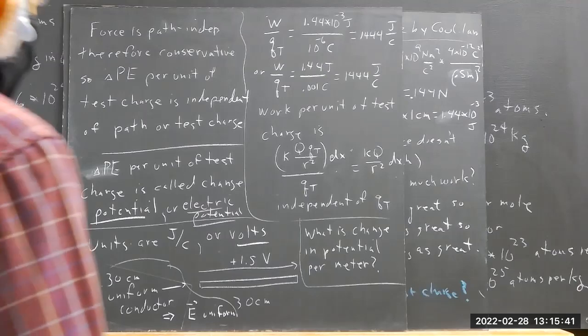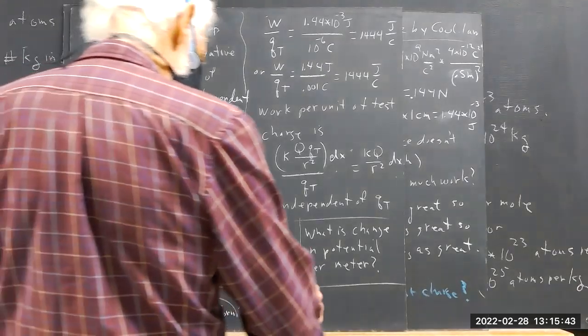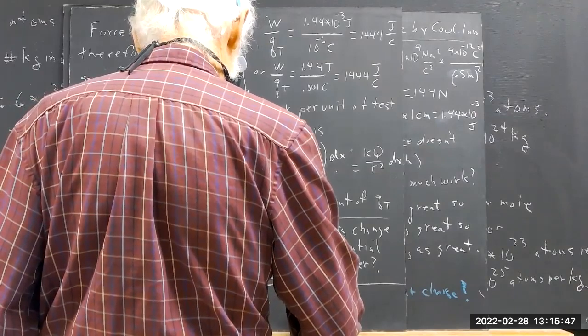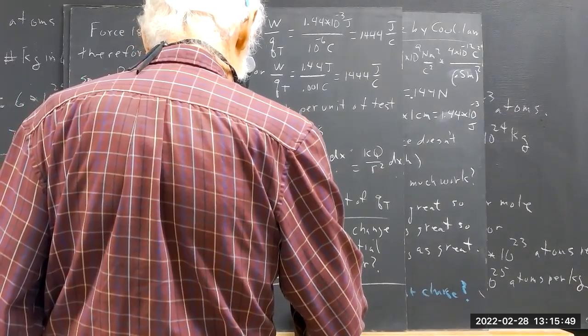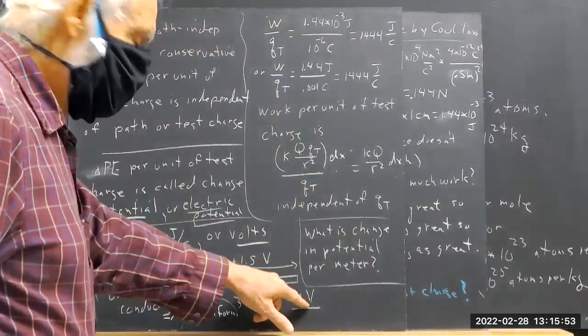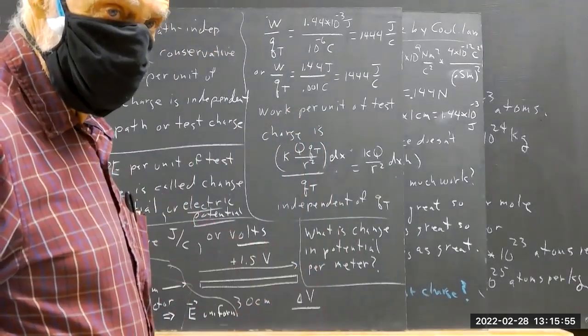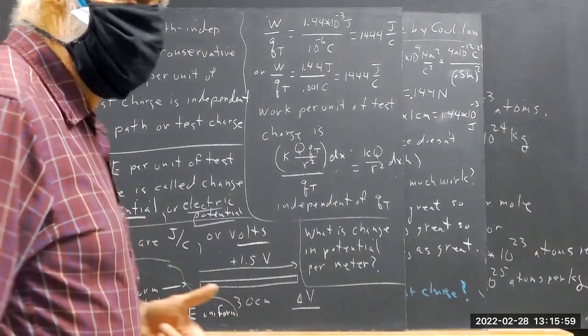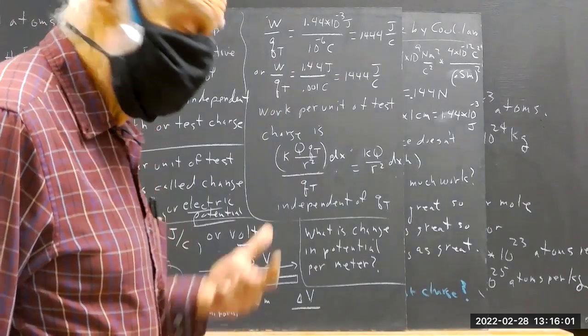Okay, so let me use V ambiguously for the unit volts and for potential. Could use phi. I'm going to use V because it's a pretty standard notation in circuits.